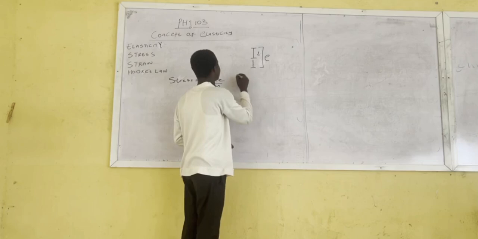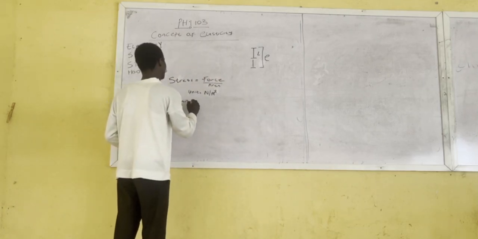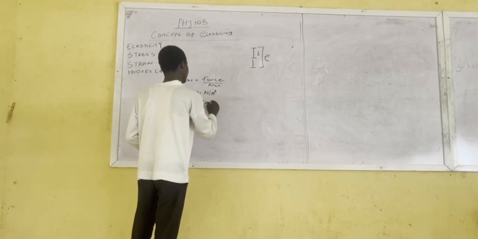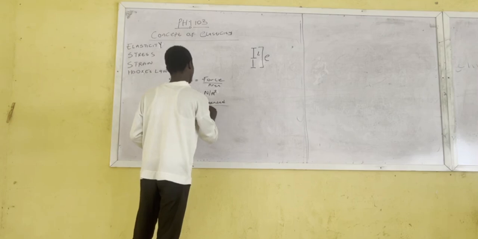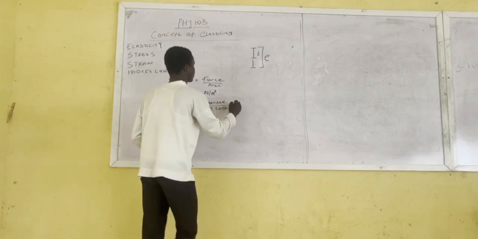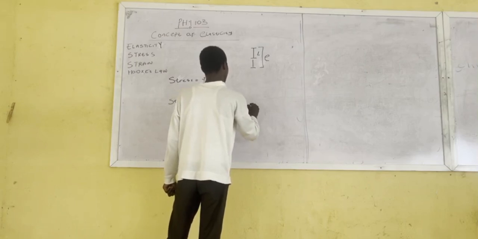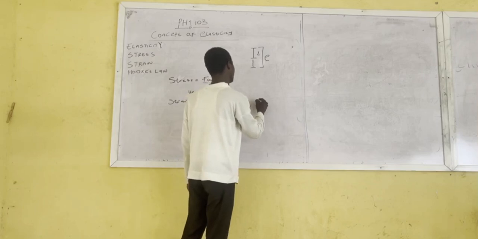Now, strain mathematically is equal to the extension divided by the original length, which we can call e over L. Now remember, strain has no units because the extension is measured in meters and the original length is also measured in meters.